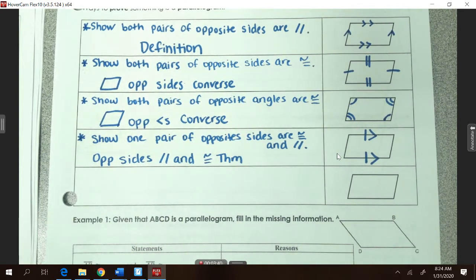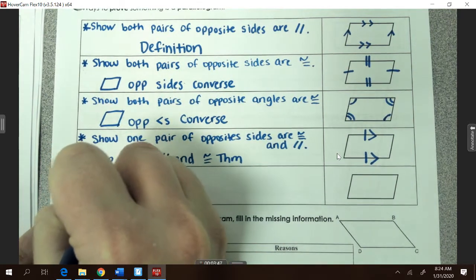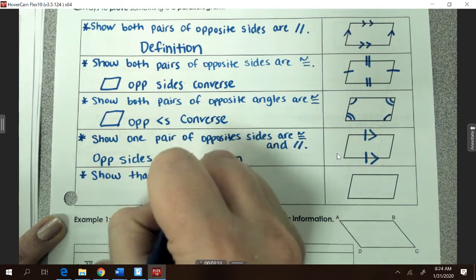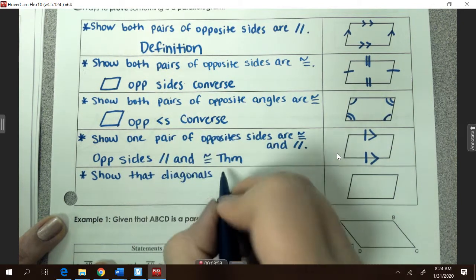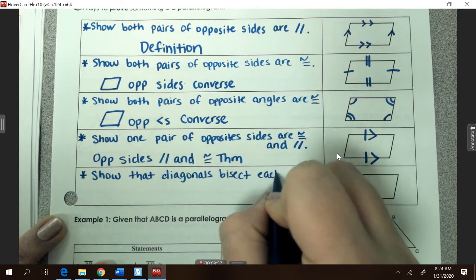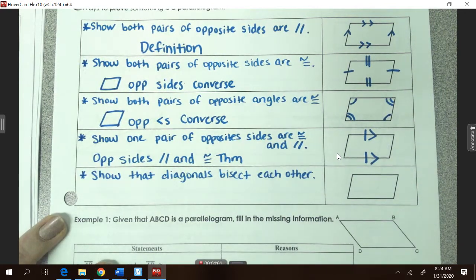Okay, and then the very last way is to show that the diagonals bisect each other. So I'm going to say show that diagonals bisect each other. Okay.